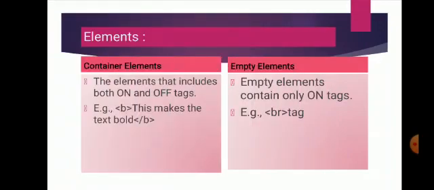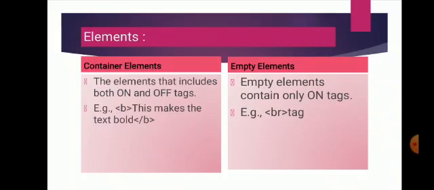Second is about elements. Elements consist of the on tag, the content and the off tag. It will contain the on tag, meaning starting or opening the document, then the content that you will write, and the off tag. So elements are basically of two types: container elements and empty elements. Container elements include both on and off tags, whereas an empty element contains only the on tag.